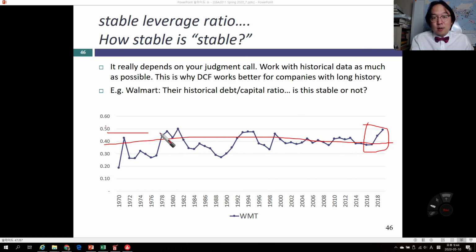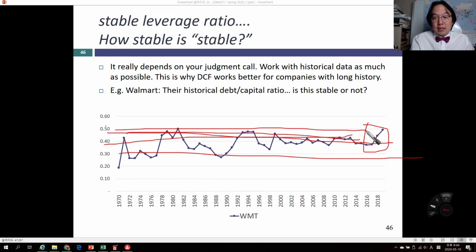Some band that you can think about, a 40% band over there.